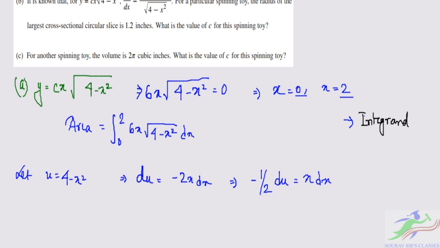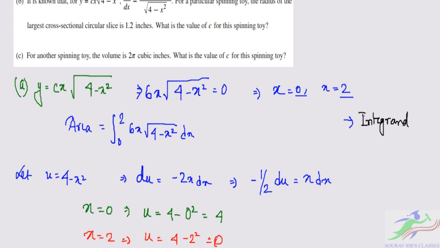Now we have two values of x, so we will check the first one, x equal to 0. For x equal to 0, u will be 4, since 4 minus 0 squared is 4. And for x equal to 2, we have u equal to 4 minus 2 squared, which is equal to 0.